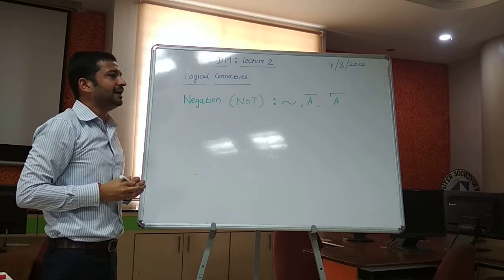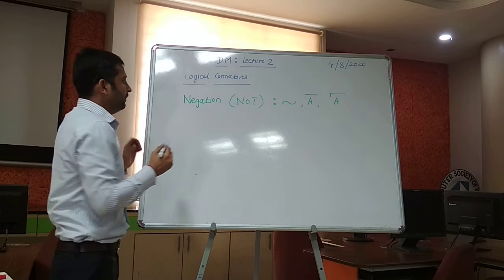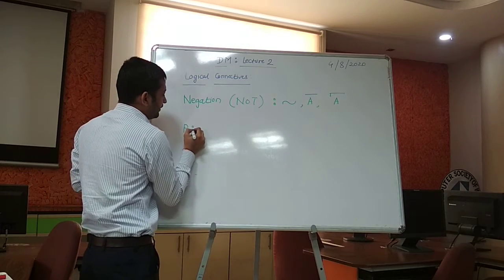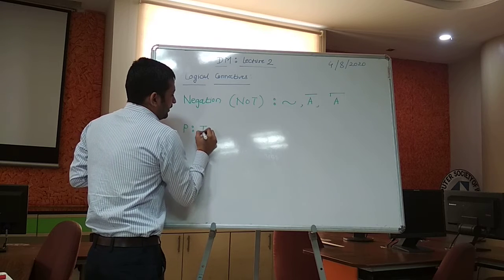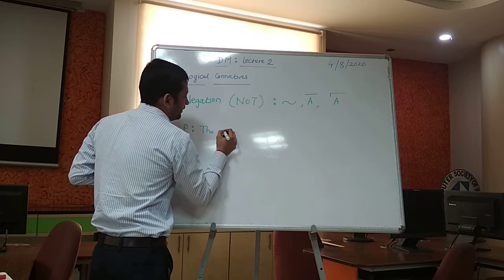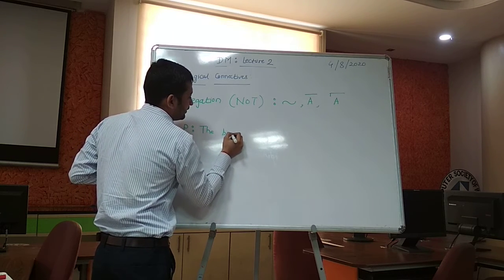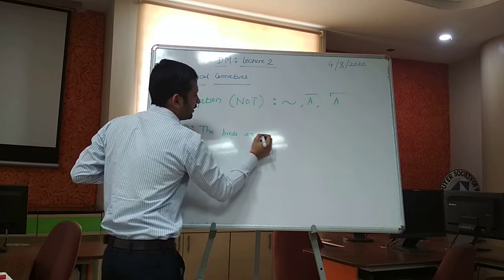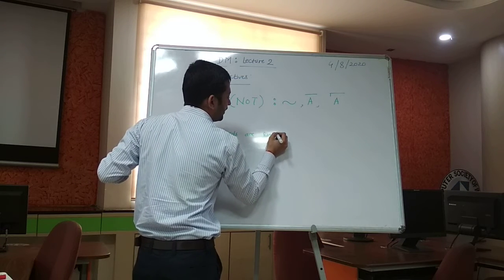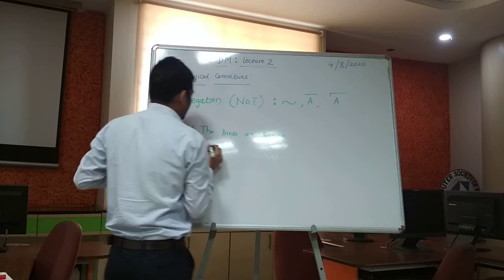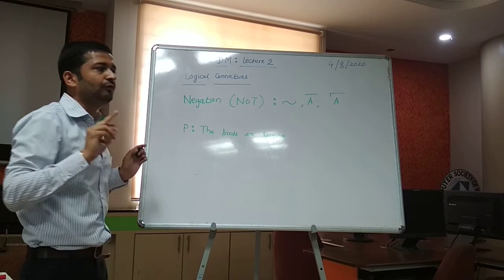So we will consider one example. P statement: the birds are singing. So we require only one input to form the negation.